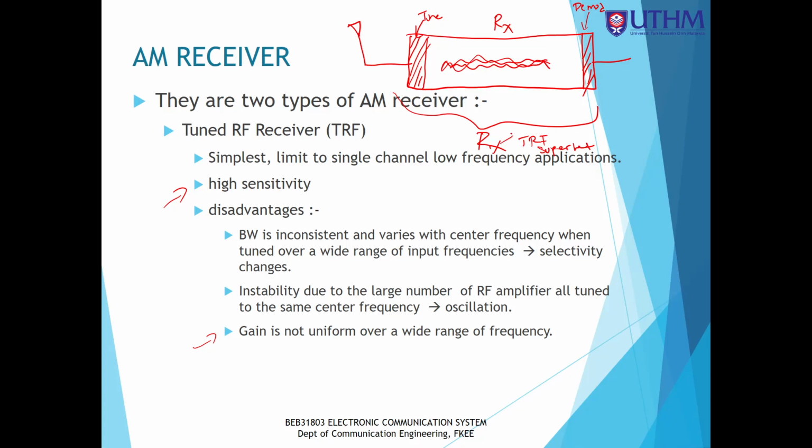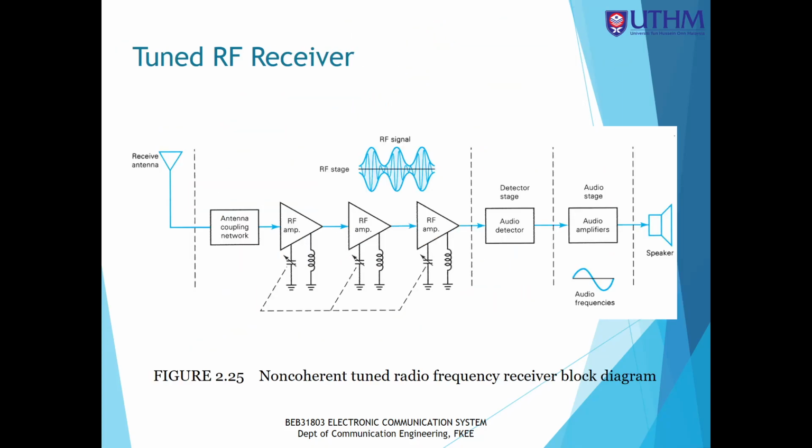So we have the tuned RF receiver, and the other one is the super heterodyne receiver. This is the first receiver type. The second receiver type, before that, the tuned RF receiver looks like this.